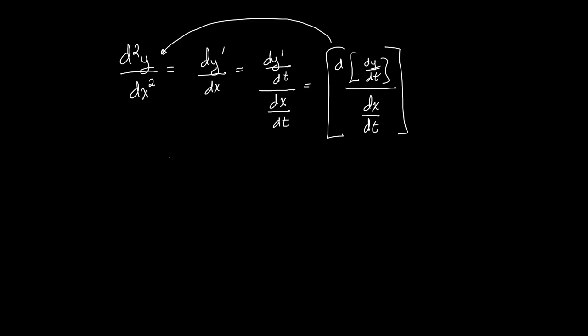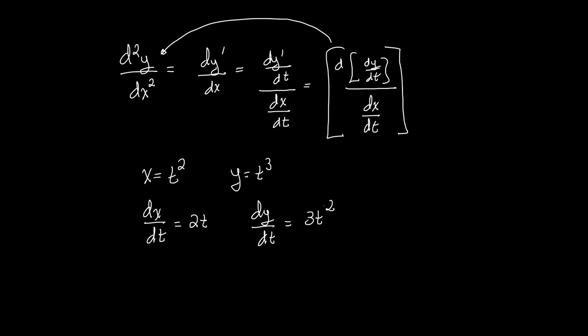Going back to our original, we had x equals t squared and y equals t cubed. dx over dt is equal to 2t, and dy over dt is equal to 3t squared.